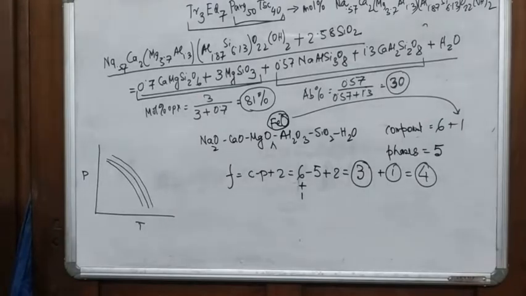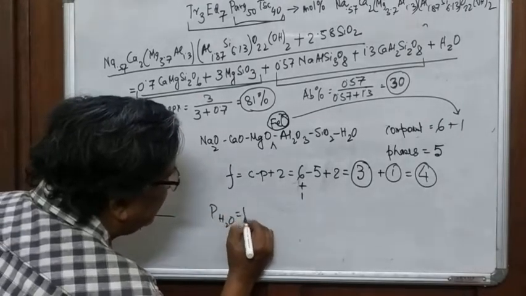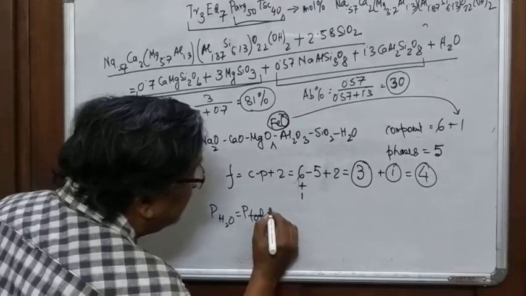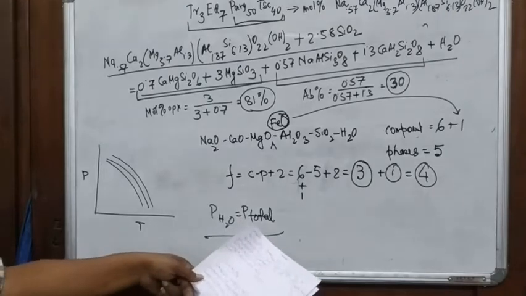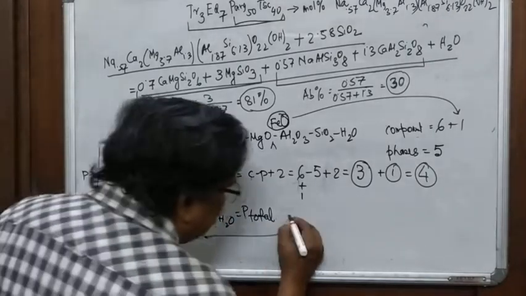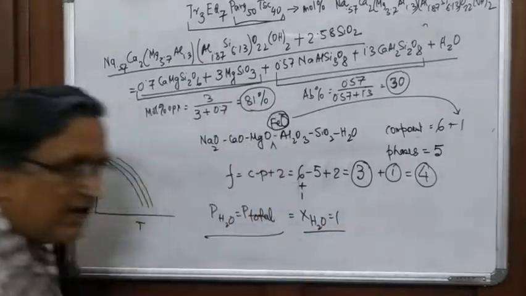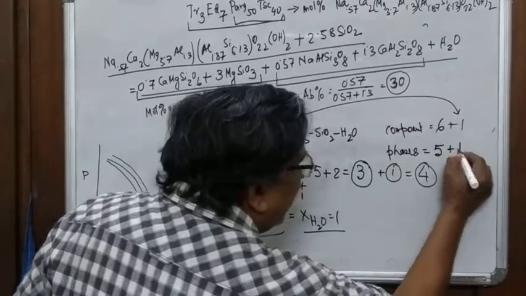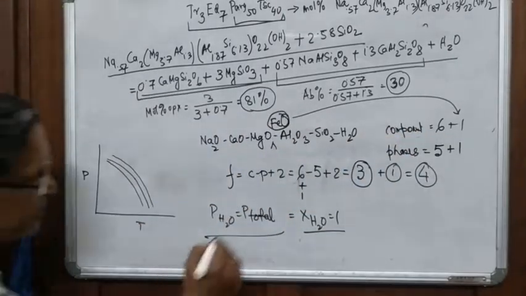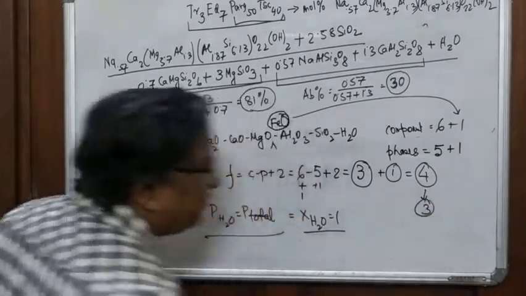That is why in the metamorphic facies diagram, pH2O is taken as equal to P total. Remember, in the metamorphic facies diagram, pH2O is taken as P total. If you take this, then XH2O is equal to 1. If XH2O is 1, then the number of phases increases by 1, which means the degree of variance goes down to 3 again.